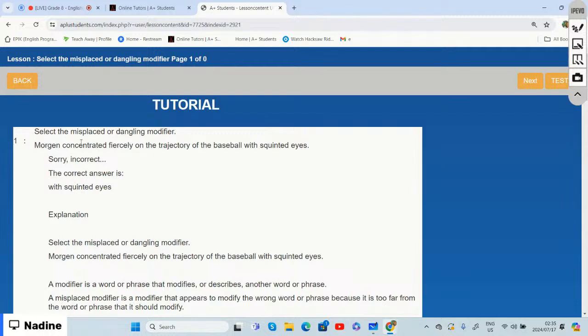It says Morgan concentrated fiercely on the trajectory of the baseball with squinted eyes. So we need to select the misplaced or dangling modifier.